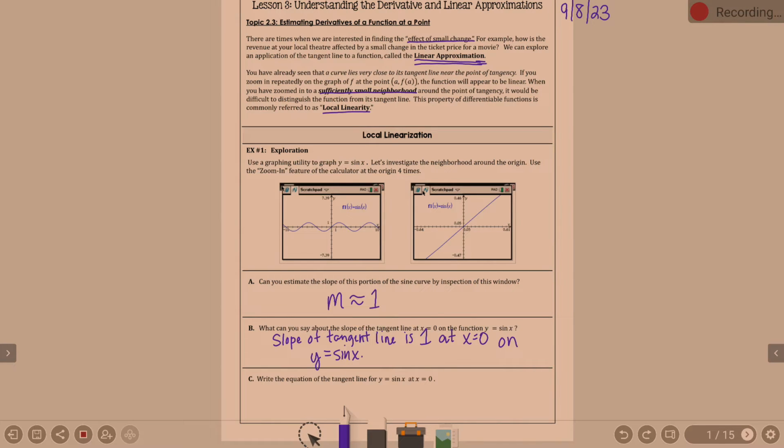Part C is asking you for the equation of the tangent line. Think it through.